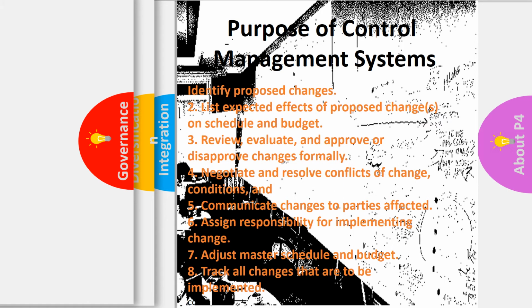The purpose of control management systems is very, very important. Identify proposed changes, list the expected proposed changes on schedule, evaluate, as we said, negotiate and resolve conflicts of change, communicate changes to parties affected and assign responsibility for implementing change, adjust master schedule and budget, track all changes.